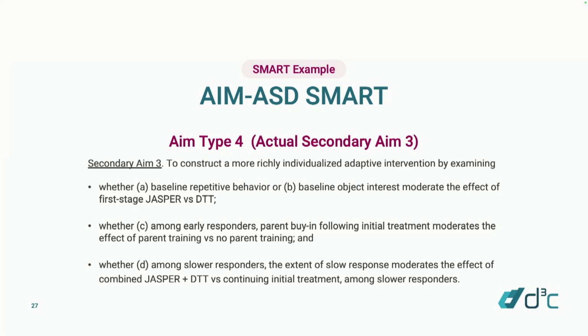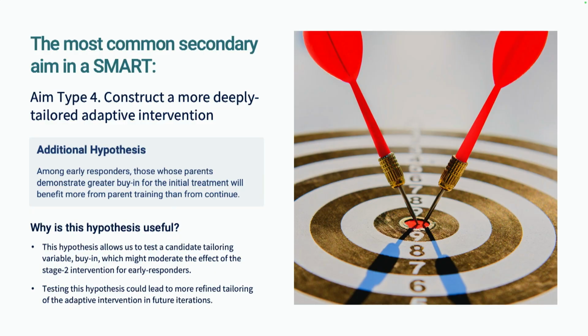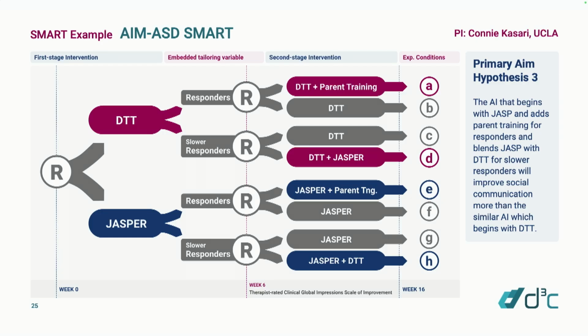Cool. And then we had these other ones. We had one for the early responders and one for the slow responders. So for the early responders, you already heard my spiel. Buy-in. We wanted to see, is buy-in important or should we not even bother with it? And for the slower responders, what does it say here, you guys? The extent of slow response. So it turns out, you guys, Connie and I are not like, slow responders doesn't mean everyone in that bucket is the same.